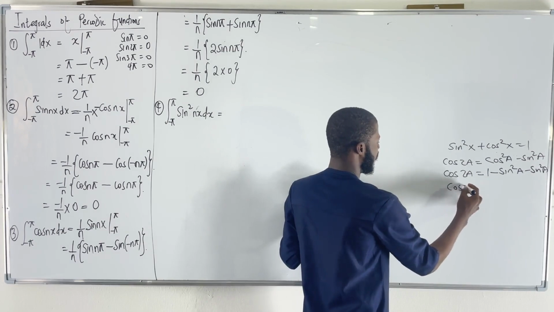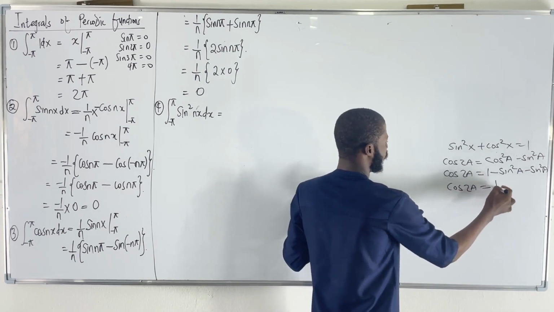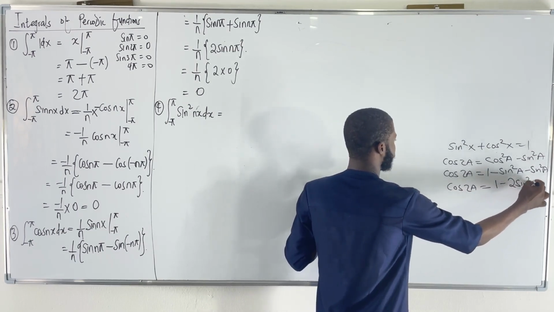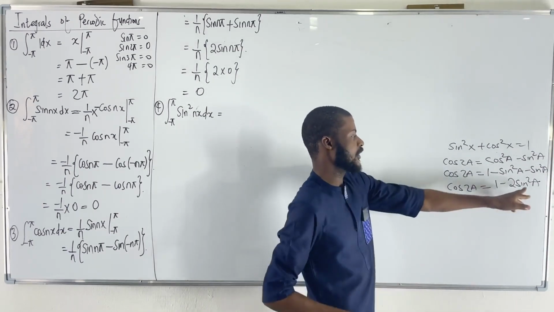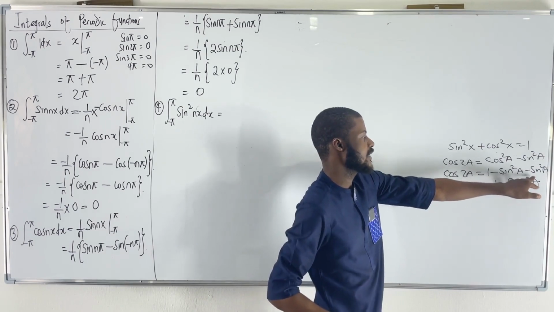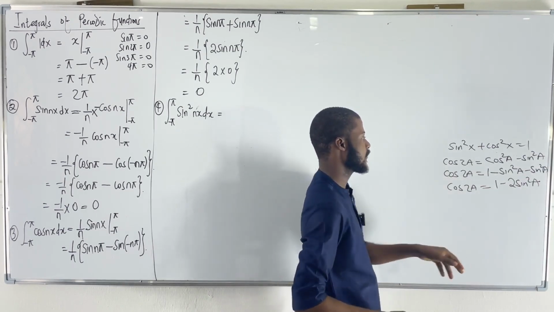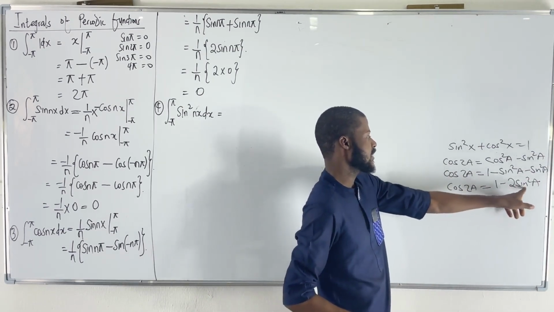So cos 2a is equal to 1 minus 2 sine squared a. Good. So let us make this sine squared, because this is our sine squared.